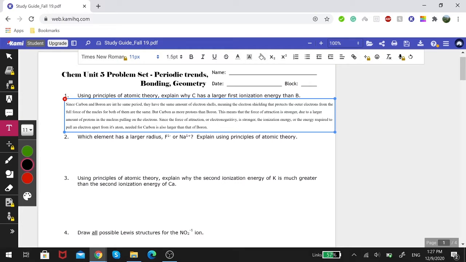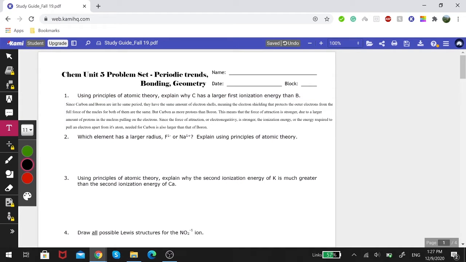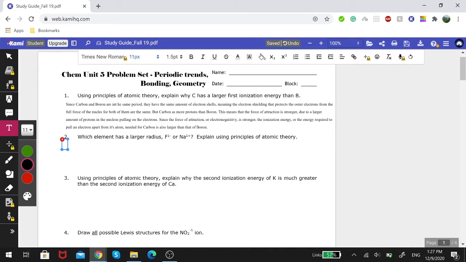Okay, number 2. Which element has a larger radius, F1 minus or Na1 plus? Na1 plus. Okay. F1 minus and Na1 plus both have the same electron configuration, meaning that they have the same number of full energy levels.